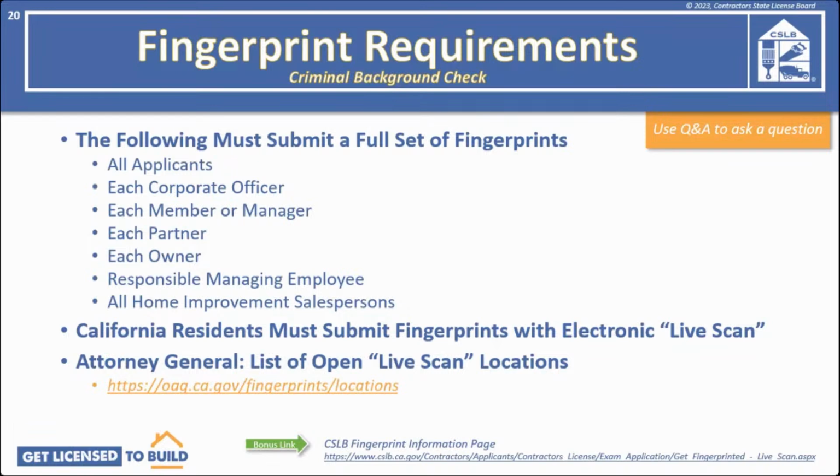If you are in California, you must submit fingerprints electronically with what's called a live scan. You can get an updated list of live scan locations in California broken down by county on the Attorney General's website. We have a link here, or you can simply go to the Attorney General's website and search for live scan. You will also see we have a bonus link at the bottom of the screen to the fingerprint information page on our CSLB website.